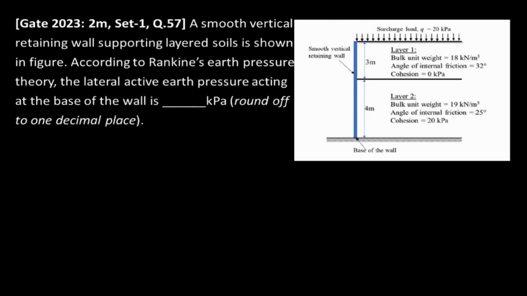In this question, they have given the smooth vertical retaining wall backed up by two layers of different soils, and they have given the properties of the two soils. So they have asked us to find out the active earth pressure at the base of the wall. Okay. They have also given the surcharge of 20 kilopascal.